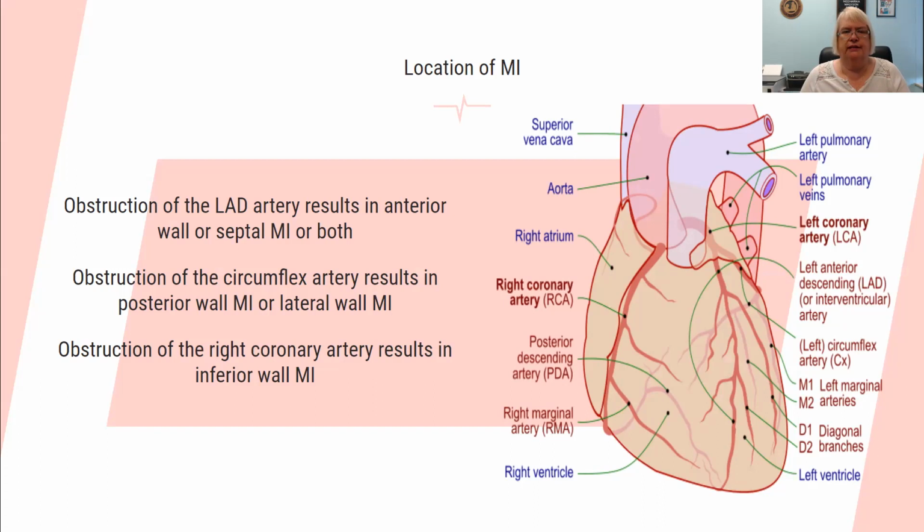An obstruction in the circumflex artery, let's see if we can find that. Okay, so here's the left circumflex artery. If there is an obstruction there, it is a posterior wall MI or a lateral wall MI. And then if there's an obstruction in the right coronary artery, here's the right coronary artery, it results in an inferior wall MI.